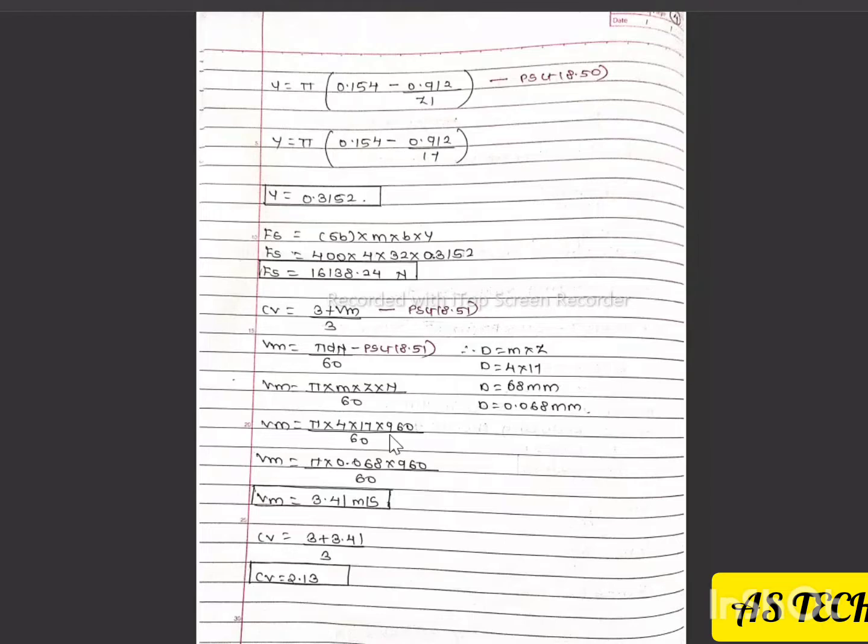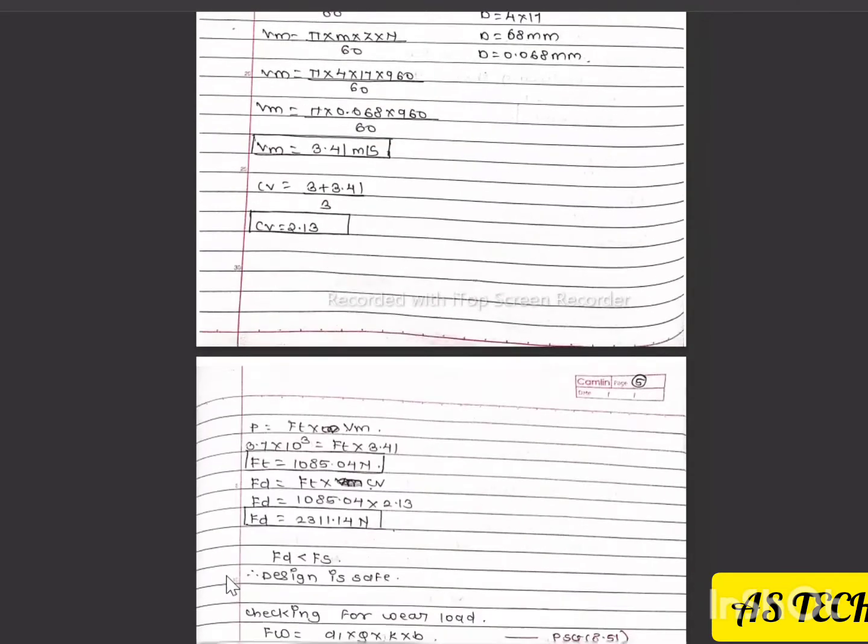D equals to m into z. D equals to, module is 4, z is 17, we get the value of d. Convert it into mm, convert it into meter, so we get the value of Vm. Now put the value of Vm into Cv, we also get the value of Cv.